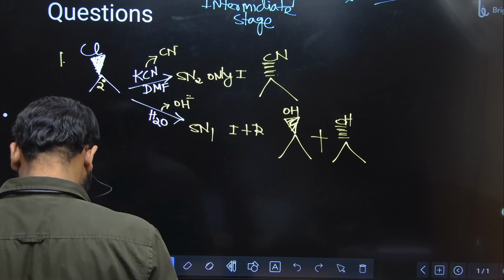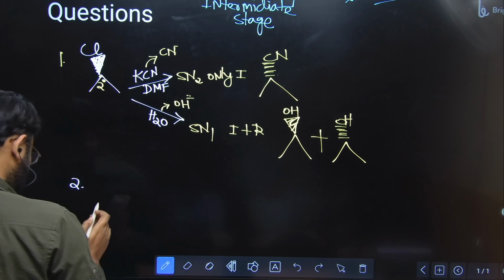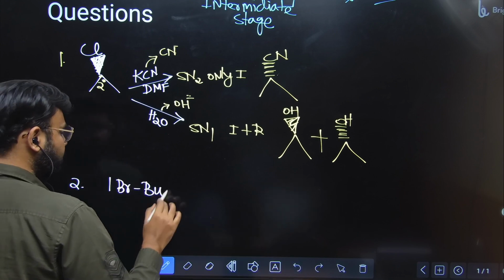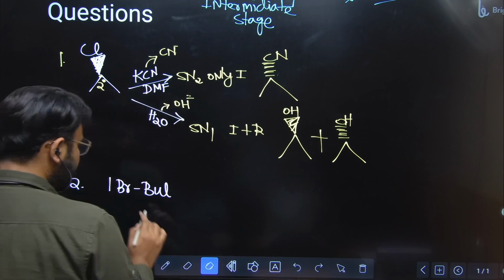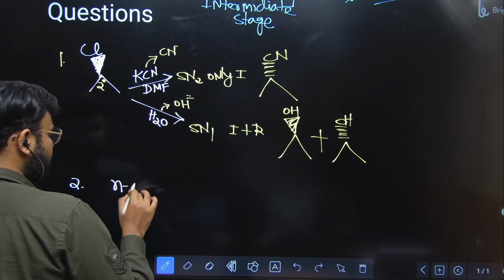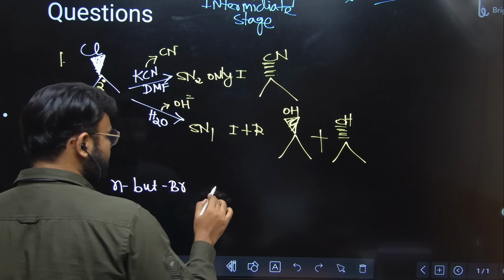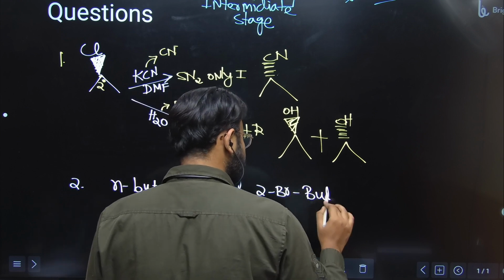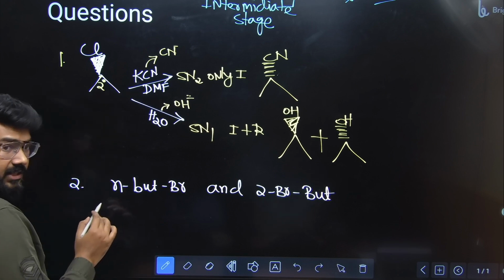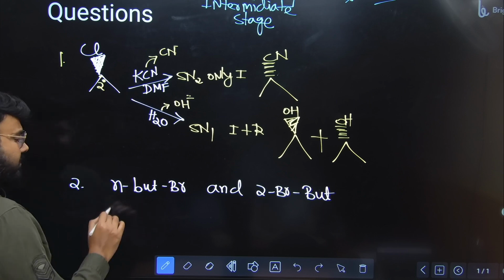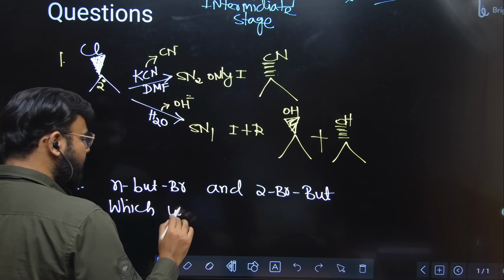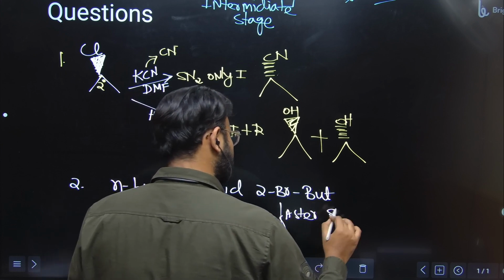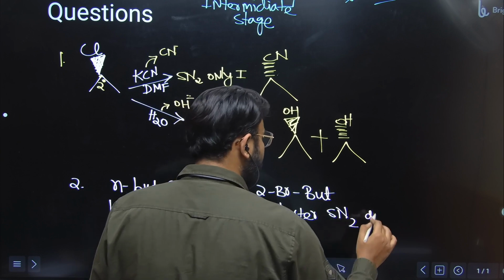Guys, the question is asking: 1-bromobutane and 2-bromobutane, which will undergo faster SN2, and why?